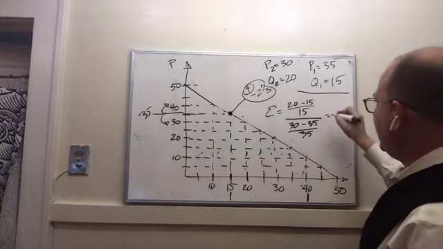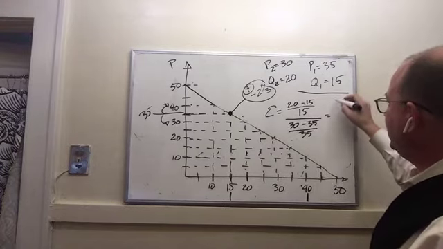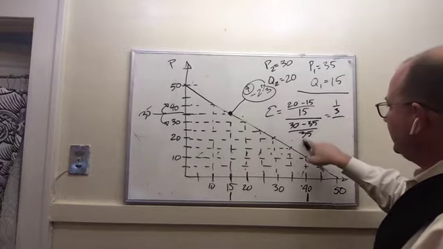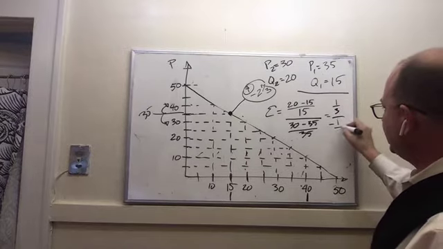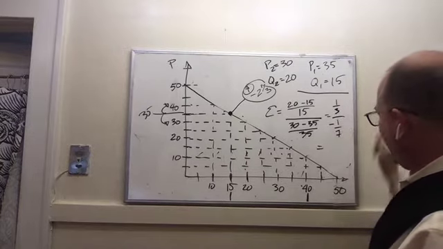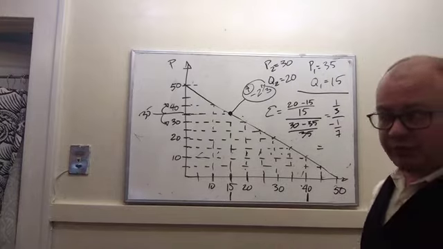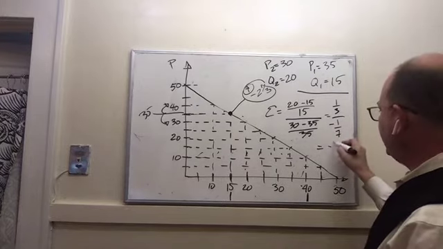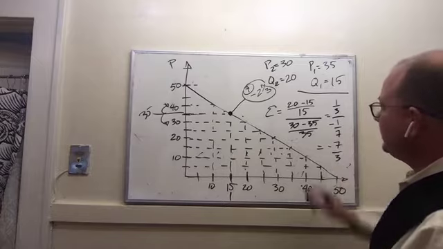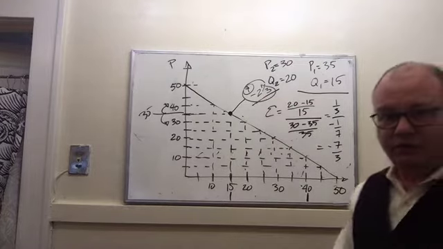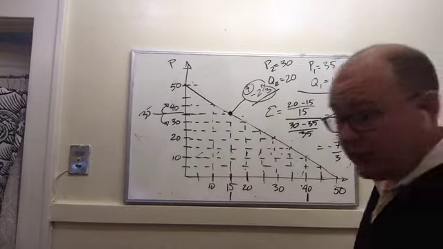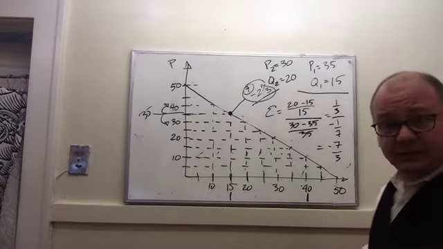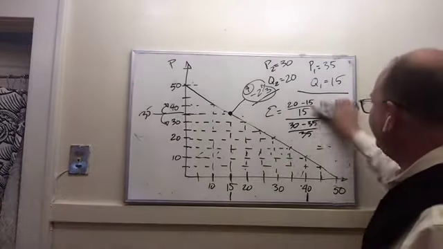This is the same thing as 5/15, which is 1/3. This is the same thing as negative 1/7. We multiply by our reciprocal, and we end up with negative 7/3, which is the same thing as negative 2 1/3. So we get the same answer whether we go up or down. In this case, it's also negative.